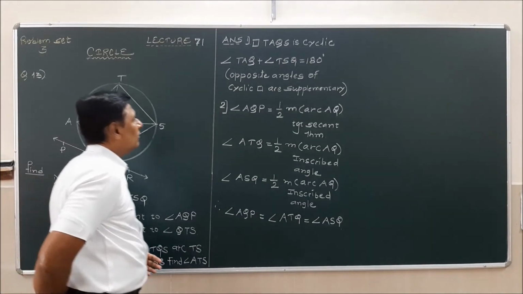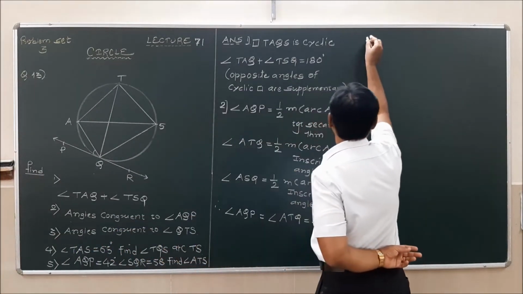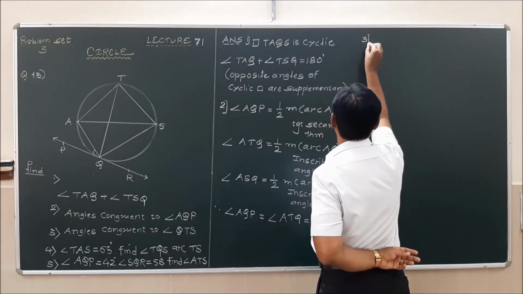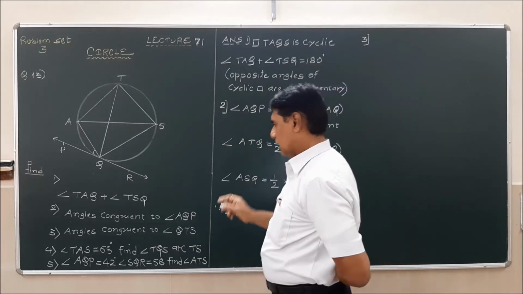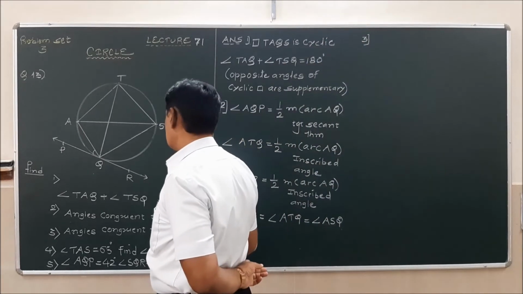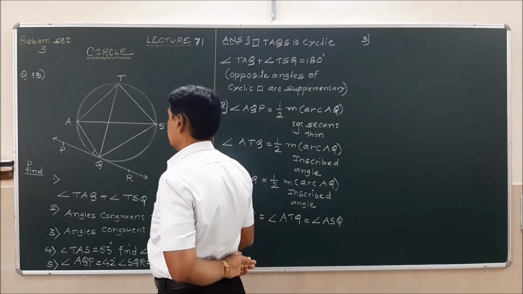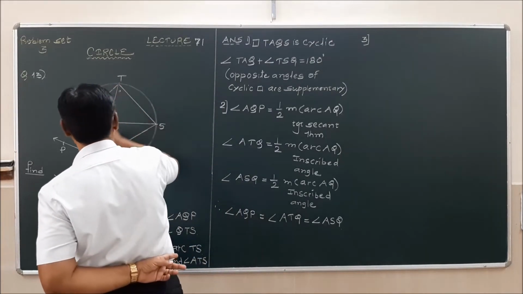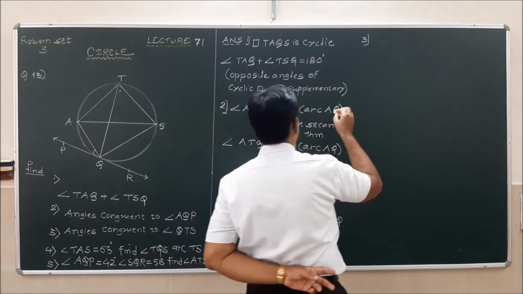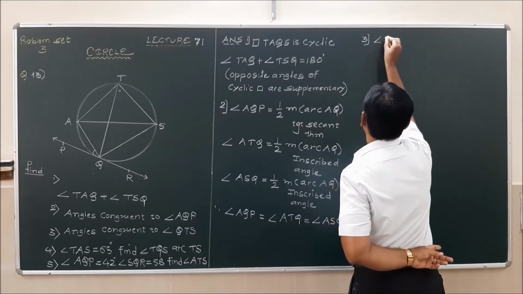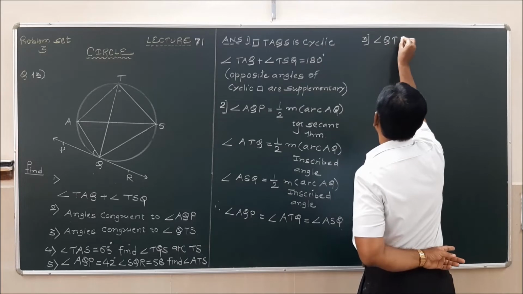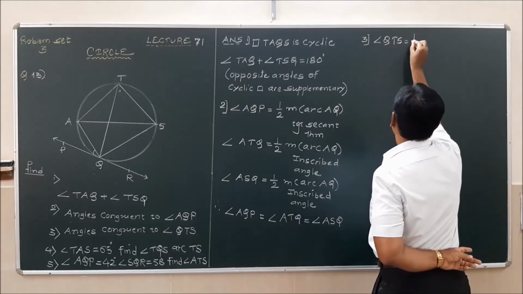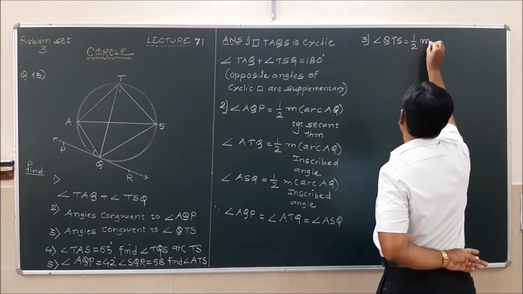Okay. Now third sub question is angles congruent to angle QTS. This is QTS, this angle. So angle QTS is equal to half measure arc.